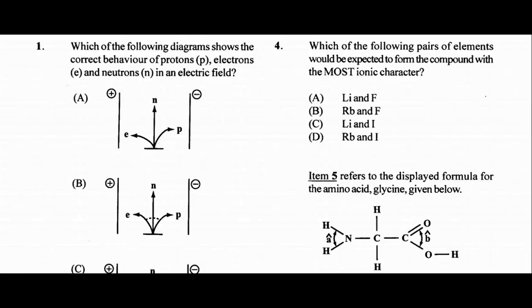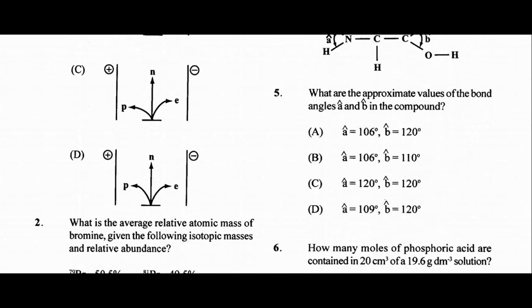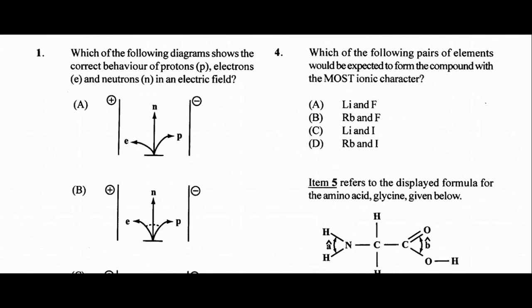However, because the electrons are relatively lighter than protons, they will deflect at a greater angle. So looking at these, we would have to choose A. This deflection thing though is only true if the particles have the same energy.